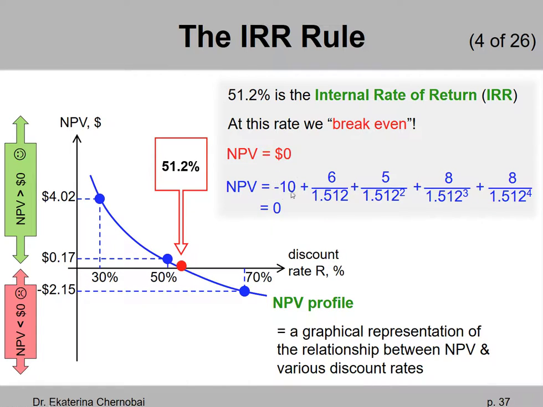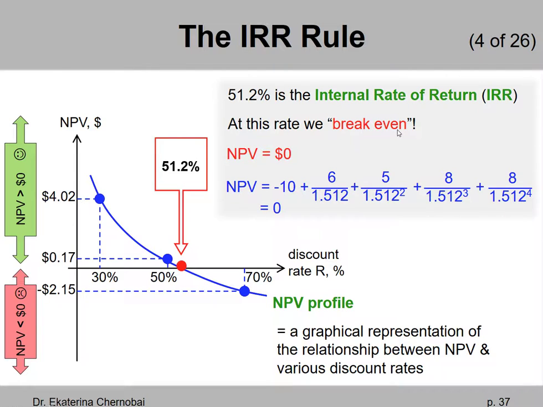So if we invest $10 now, we get 6 back in a year, another 5 back in 2 years, then 8, and then another 8, right? So we only used the cash flows, right? The money invested and the money that would be received to figure out what it all implies about the annual return on our money, an annual return on the $10 that would be spent now. So that's why it's called internal rate of return.